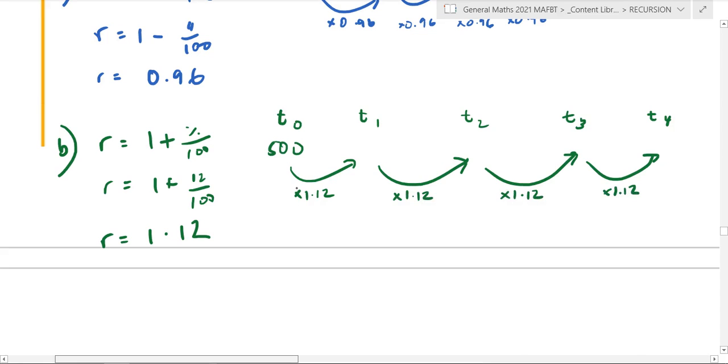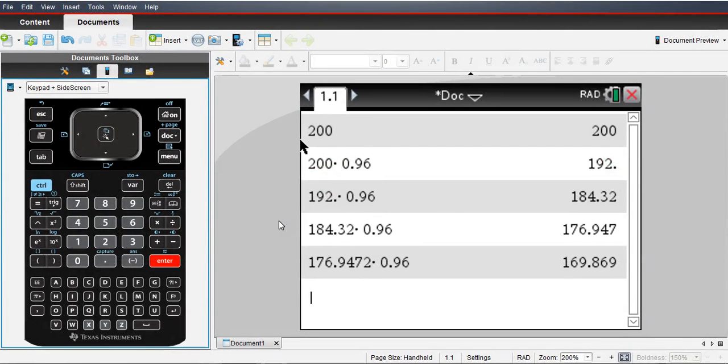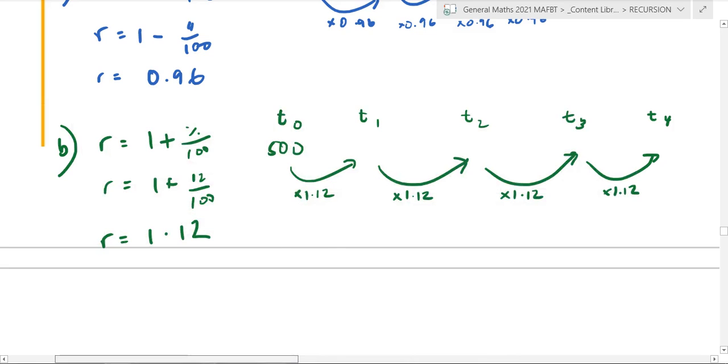So you can see that it's going to be multiplying by 1.12. So putting that in my calculator, we start at 500. Actually, let me get rid of this so it's clear for you guys. So 500. Start with the starting term, then press enter, and then you're going to multiply by the ratio of 1.12, which we calculated here.